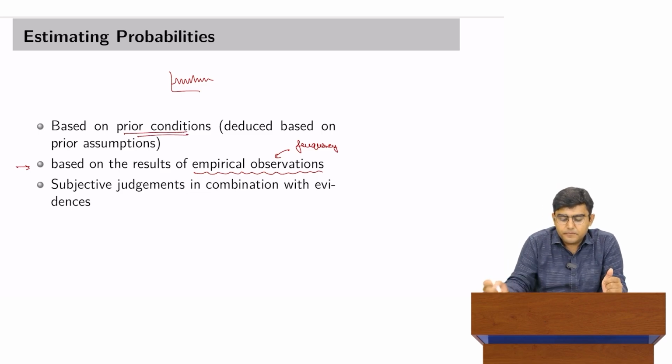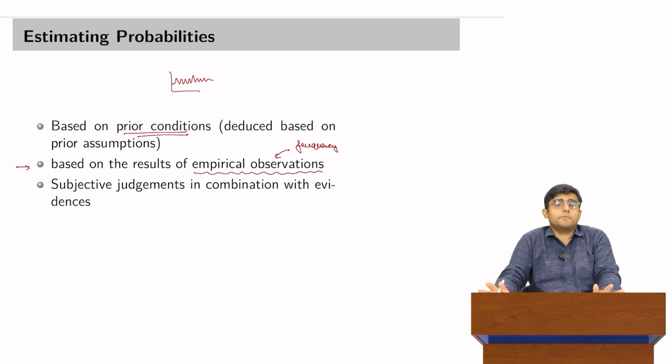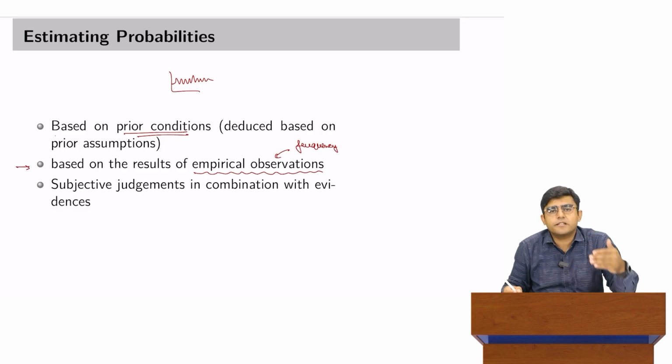There may be certain prior condition associated with a particular setup that can also help us estimate probability. Going back to the coin toss, if you are 100% sure that this coin is indeed fair, it doesn't matter how many times it shows up head, you will still say that the probability of getting head in the next chance is 1 by 2, because this estimate is based on prior assumption or prior condition, where you are conditioned to think that if it's a coin coming out of a pocket or a wallet, it has to be a fair coin, it has not been tampered with.